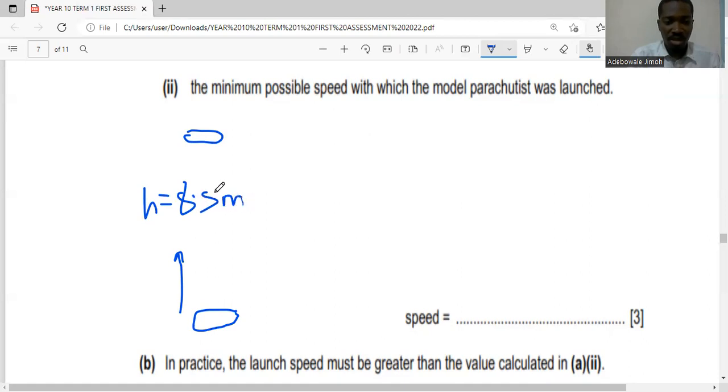Take note that in order to launch this parachutist upwards, you have to throw it upwards, giving it kinetic energy, in order to enable it to move upwards.